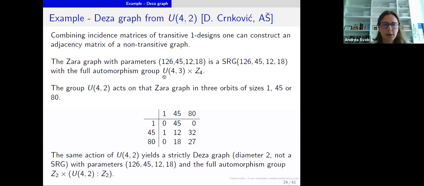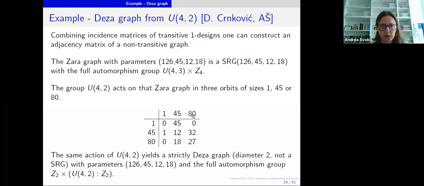Okay, so we know that one of the subgroups contained in this group is the unitary simple group U4(2). Since it is a subgroup of the full automorphism group of the strongly regular graph, it acts on that graph, the Zara graph, and it is acting non-transitively. So it is acting in 3 orbits, and the orbits are of sizes 1, 45, and 80.